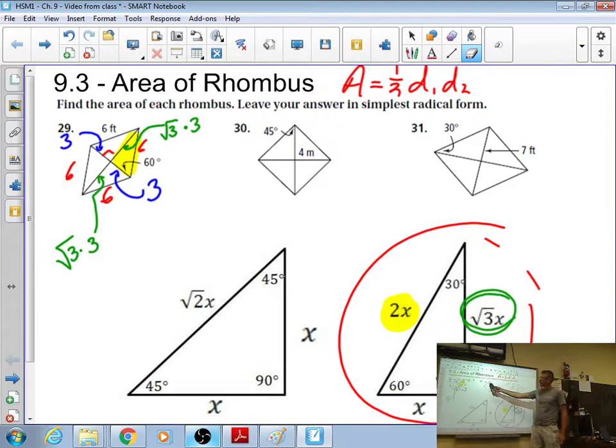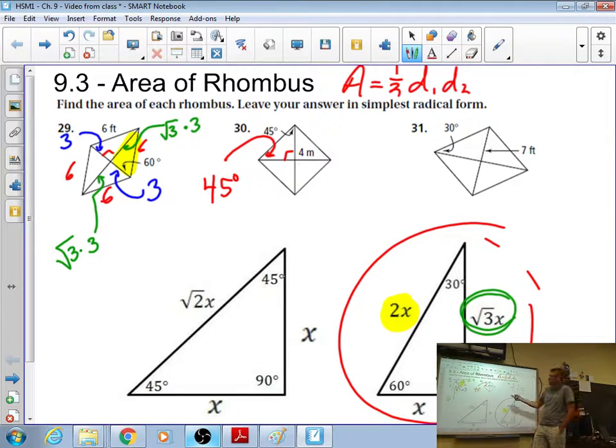So let's forget about 31. On 30, I see one angle that's 45. What do I know about these diagonals, where they intersect? They make right angles. So that's 90 degrees, and if that's 90 degrees, then I know that this angle must be 45. So I have a 45-45 special right triangle.